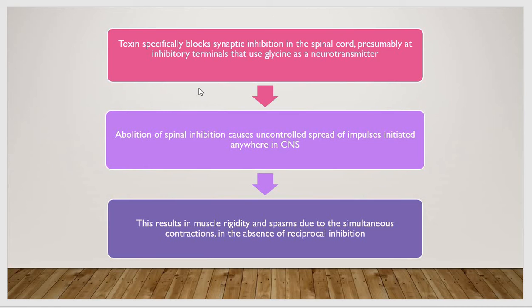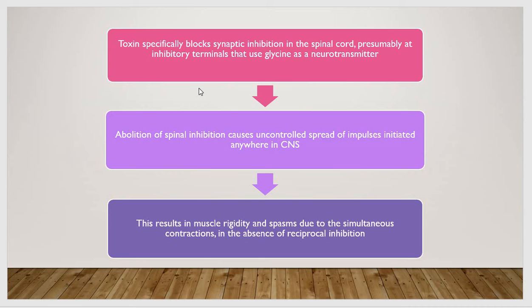This basically means that the toxins act on the nerve endings and the spread takes place to the central nervous system. Then action occurs on the gangliosides and the synaptic inhibition of the spinal cord is blocked. This results in spasm and muscle rigidity.